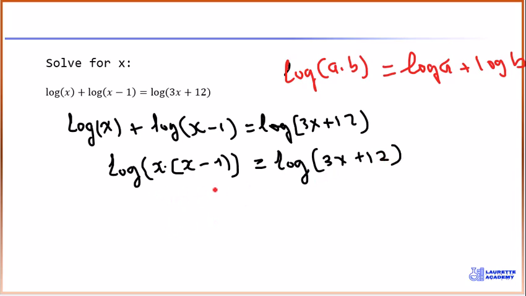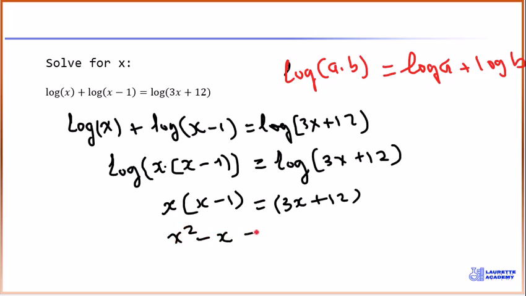Since the bases are the same on the left hand side and the right hand side, we can equate x times x minus 1 to 3x plus 12. This will give us x squared minus x is equal to 3x plus 12.